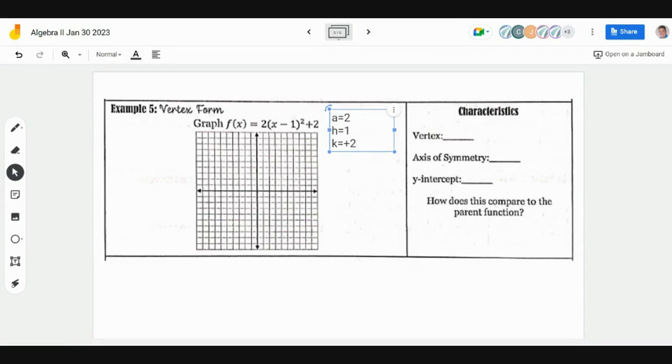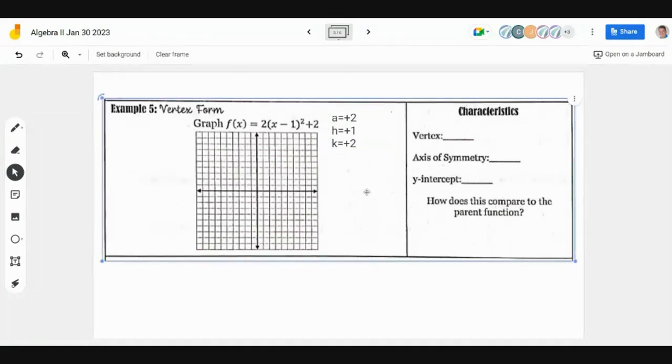This is a positive, and that's a positive. So they're all positive numbers because it's x minus h, right? So h is a positive 1. So what's happening here? We are stretching it times 2. We're shifting it 1 right, and we're going up 2.